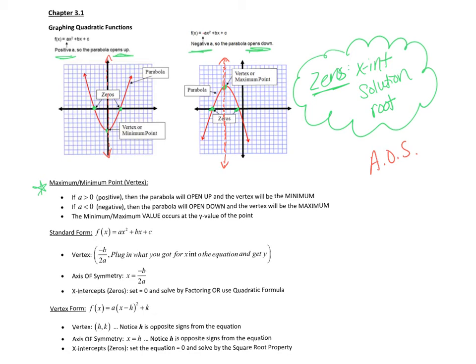So if I see this line, I notice that the line is going to cross the x-axis. Our axis of symmetry is going to be an x equals type of line. And conveniently, this x is the same as the x value of the vertex.